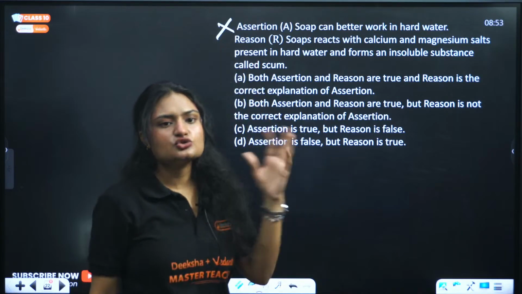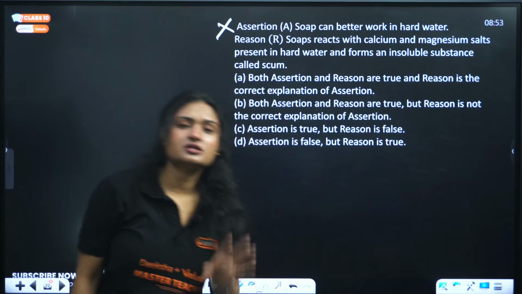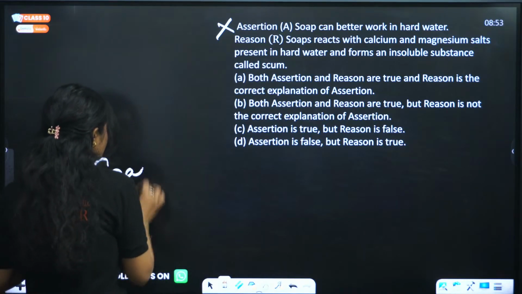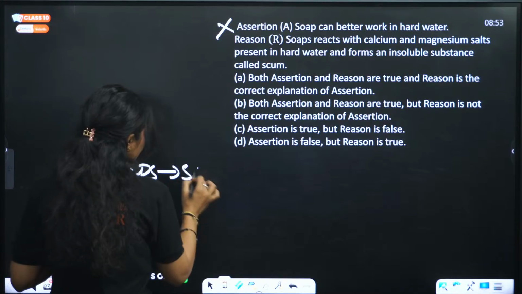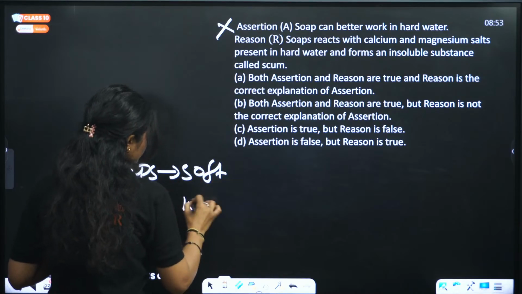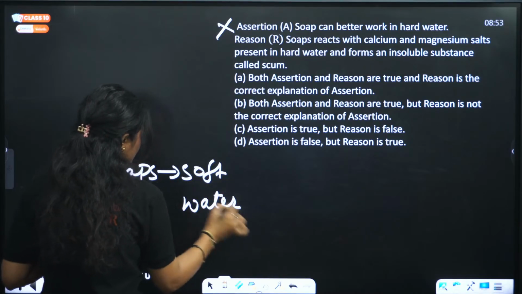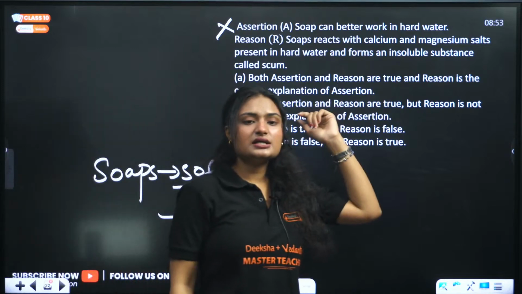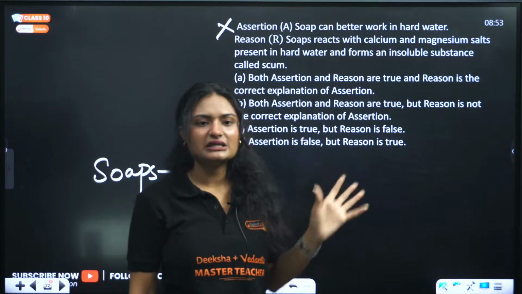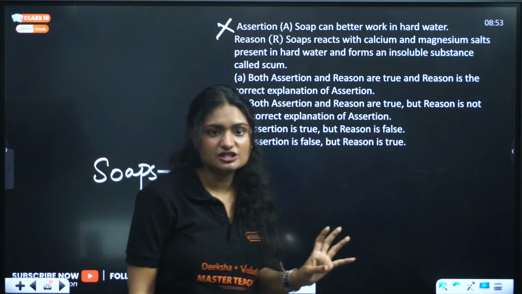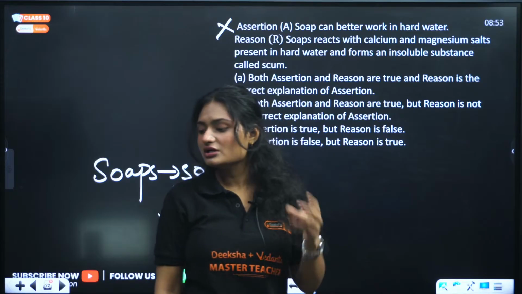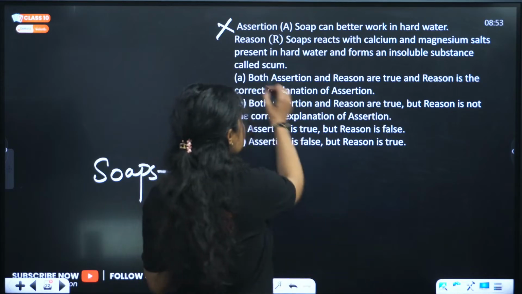Why? Because soap does not work in hard water. Soaps only work in soft water, not hard water. Because in hard water we have calcium and magnesium salts, and these form an insoluble substance called scum.